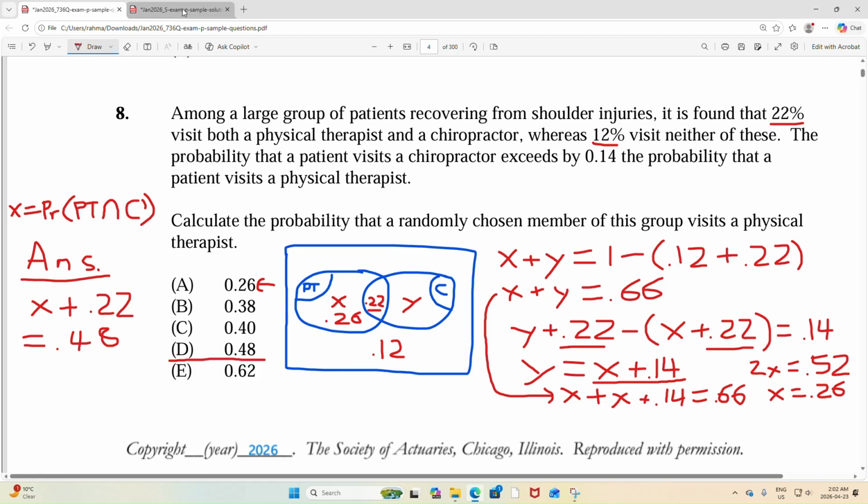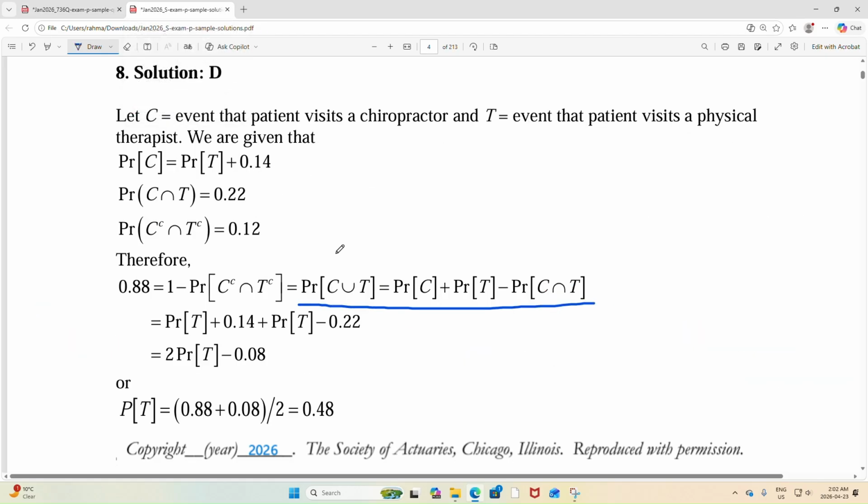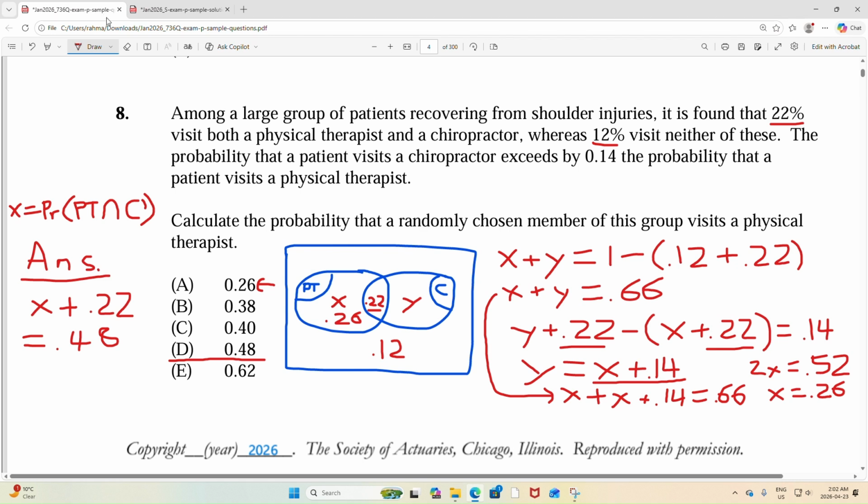So if you're more comfortable with the solution that the SOA gives, by all means go for it. But in my opinion, a Venn diagram solution is usually going to be easier.